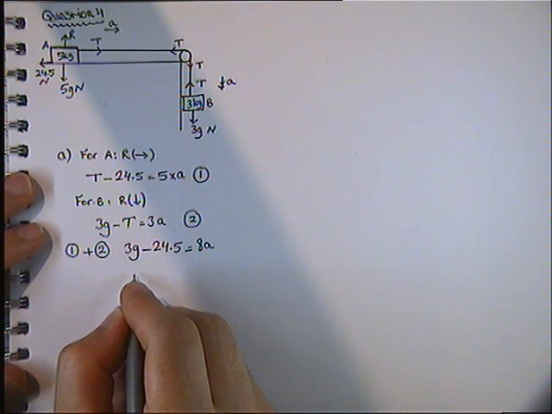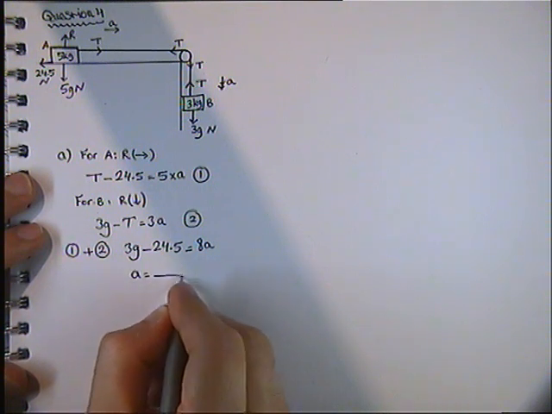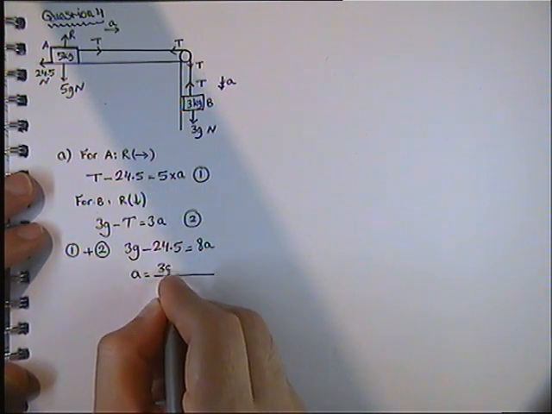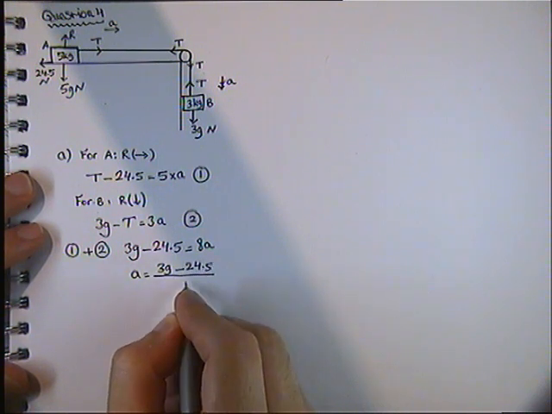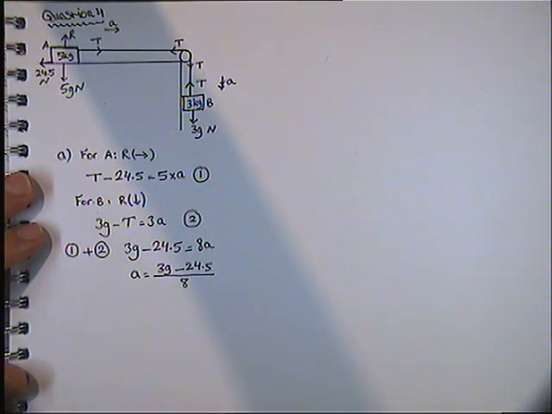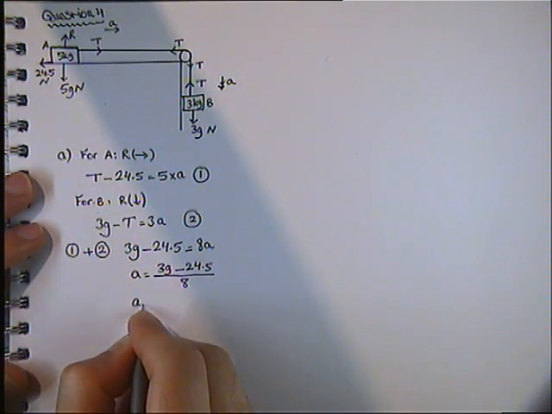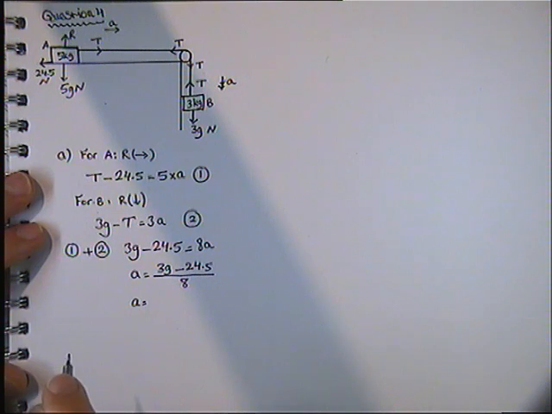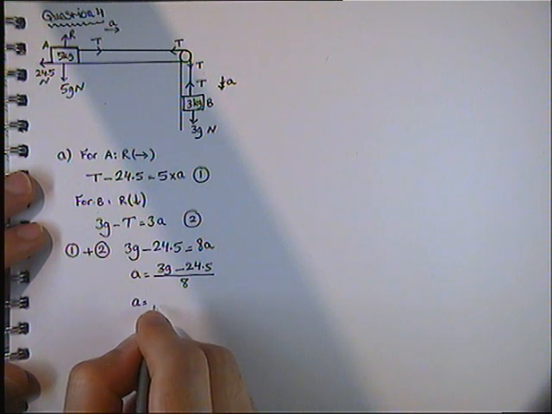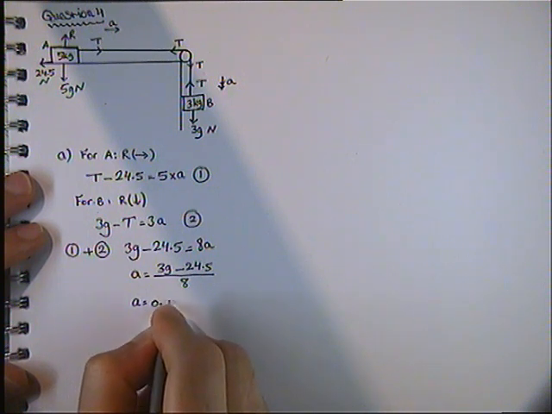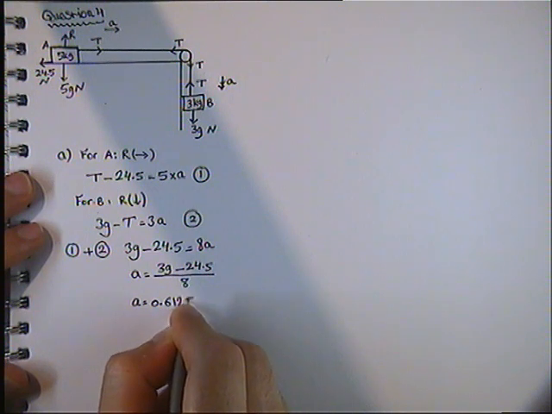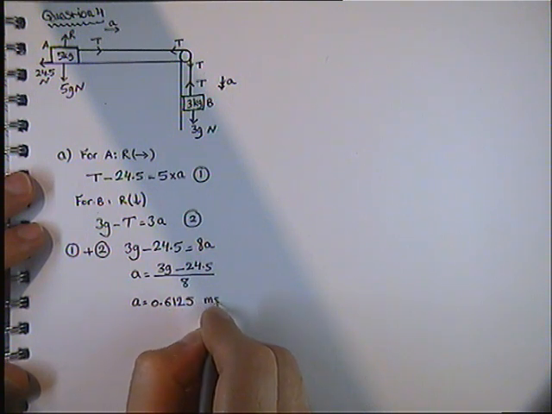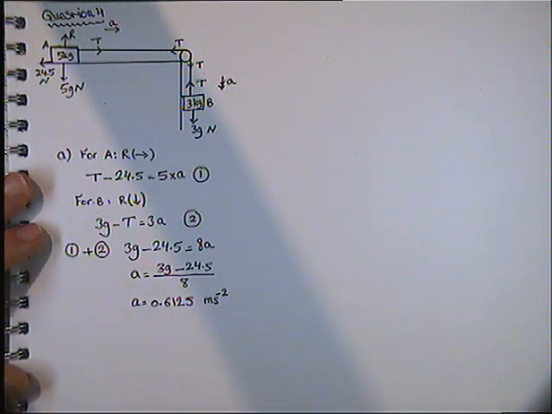So therefore a is equal to 3g minus 24.5 all over 8. Substituting 9.8 for g, we should be able to get 0.6125 meters per second squared.